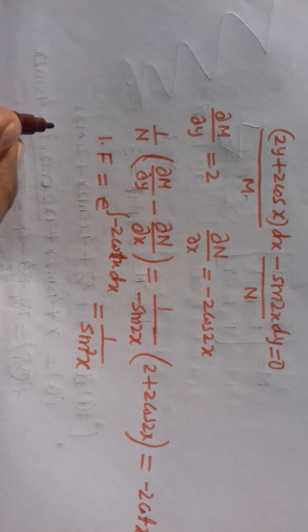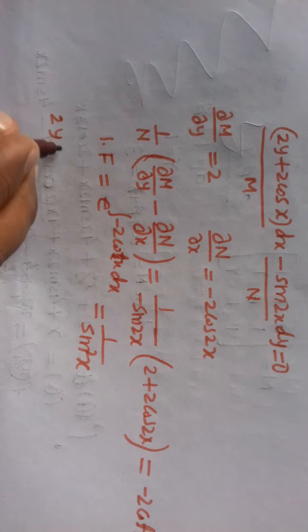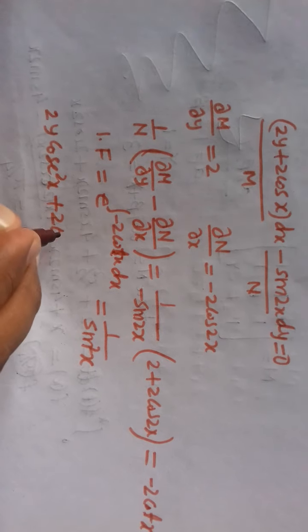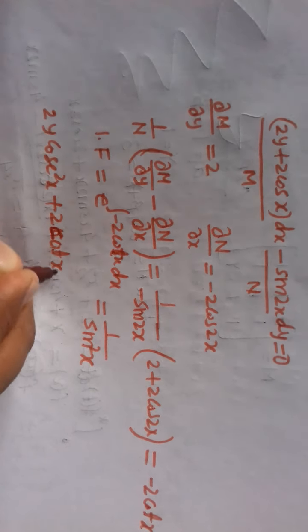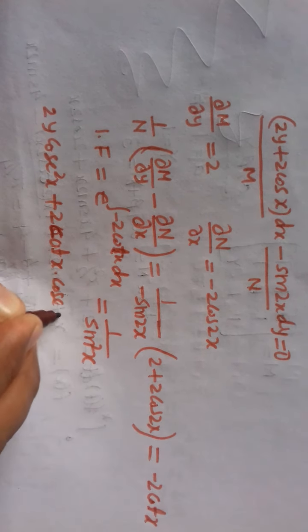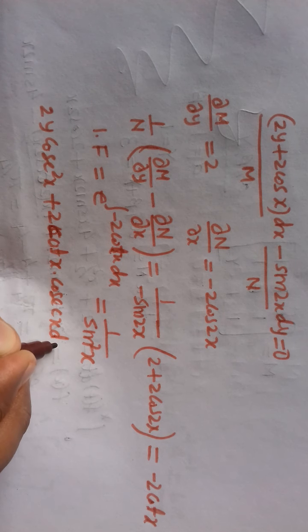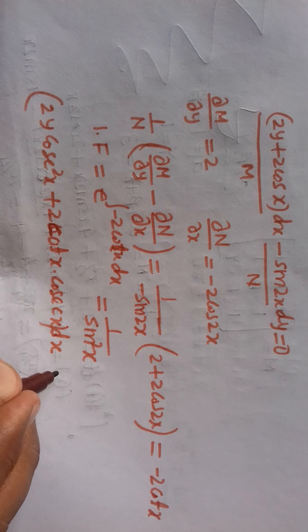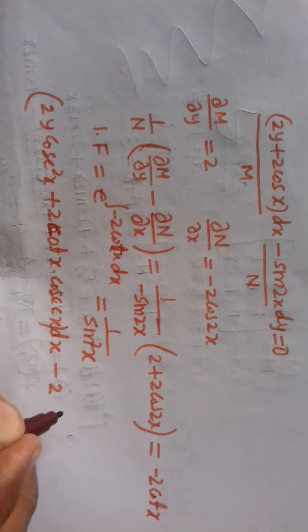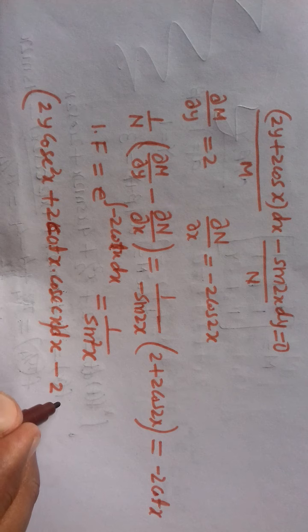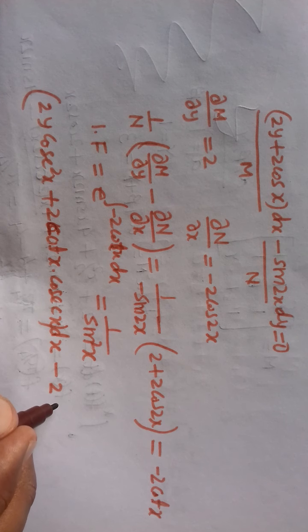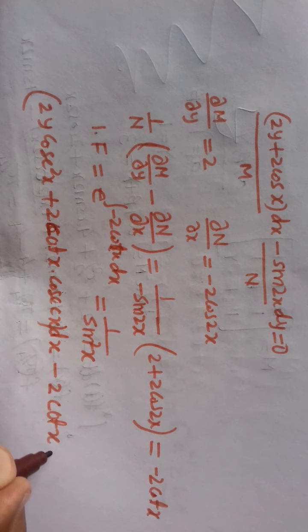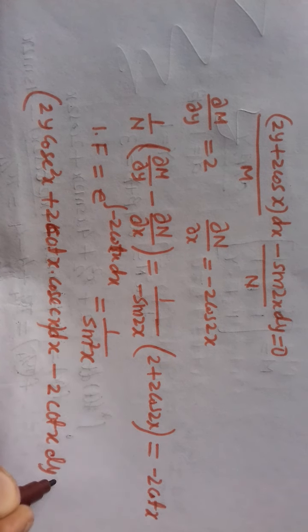Multiplication gives us (2y cosec square x plus 2 cot x cosec x) dx minus 2 cot x dy equals to 0.